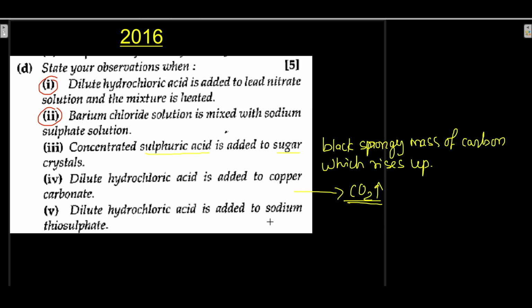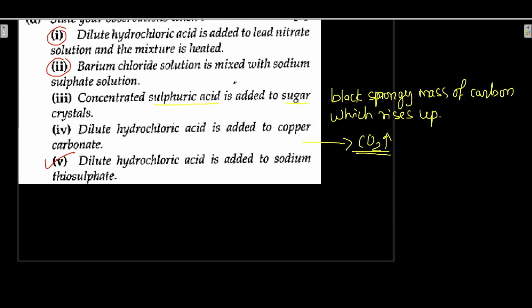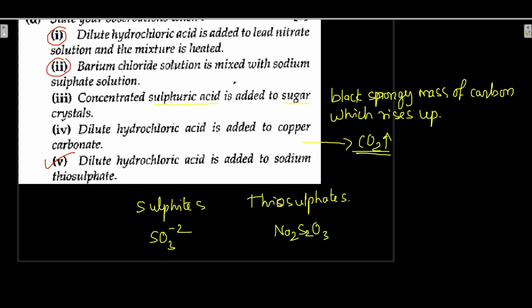Dilute hydrochloric acid is added to sodium thiosulfate. Sodium thiosulfate, very important. This particular reaction is done to distinguish between sulfites and thiosulfates. Sulfites are SO3 2-. Thiosulfate, sodium thiosulfate, Na2S2O3. Okay, you can write S2O3 2-. So what happens?